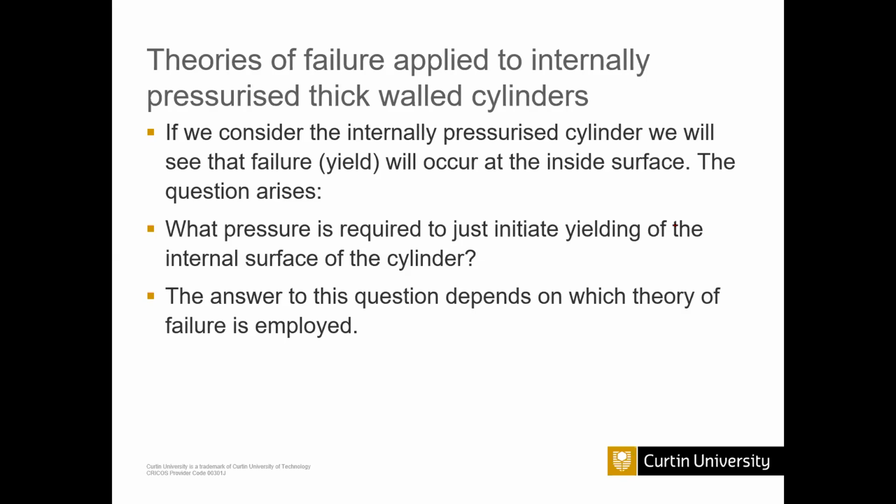If you use Tresca theory, that means shear stress theory, you will get the maximum allowable stress on the system, and if you use von Mises theory, you get a different maximum allowable stress. Those are two different values.